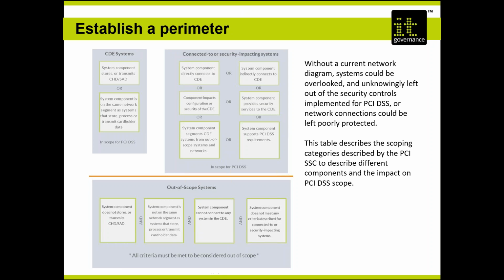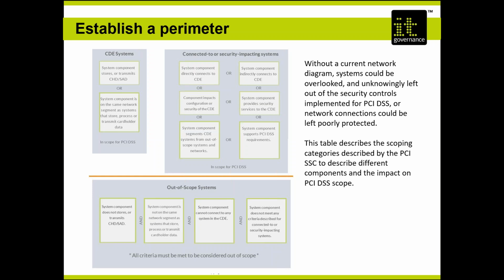So there are some key concepts within PCI DSS, but we're going to have to establish a perimeter of what is cardholder data, which is CDE systems, which systems are connected, and which systems are out of scope. So what you can do is take your data flow diagrams and compare them to an up-to-date network diagram where relevant.